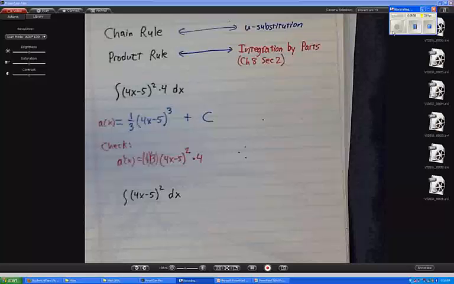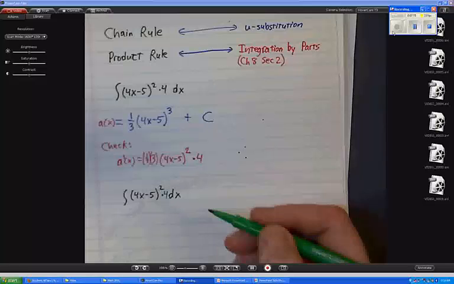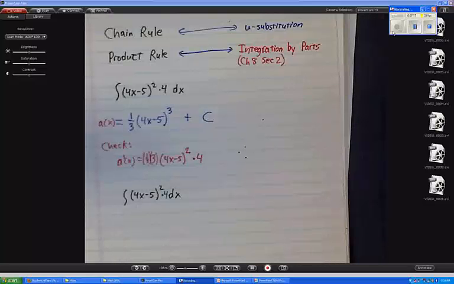And you want to use the same shortcut. The problem is you don't have what? You don't have the 4. So if you were clever, you would think of putting the 4 in there. Now, are you allowed to just multiply by whatever you want? No. But you are allowed to multiply by 4 if you also multiply by 1/4.